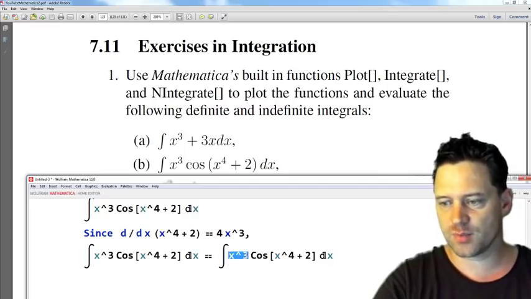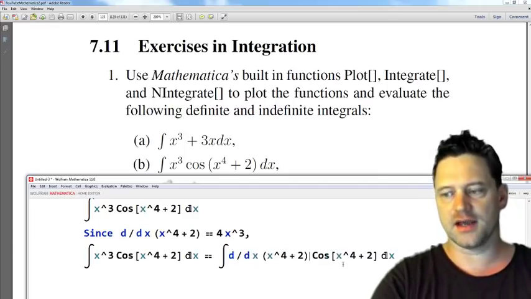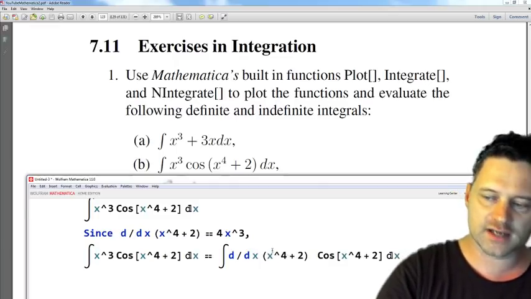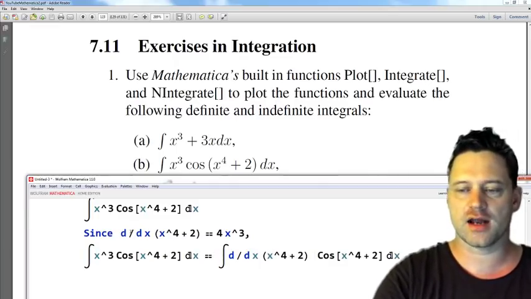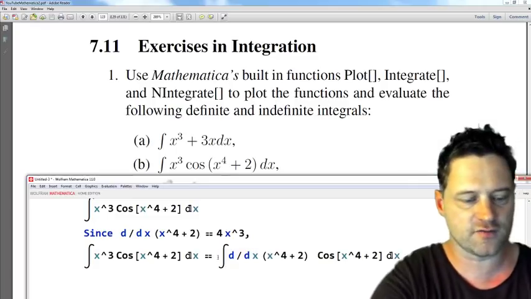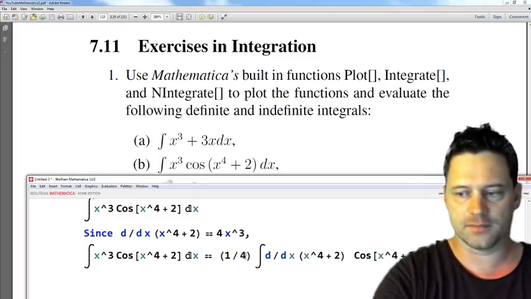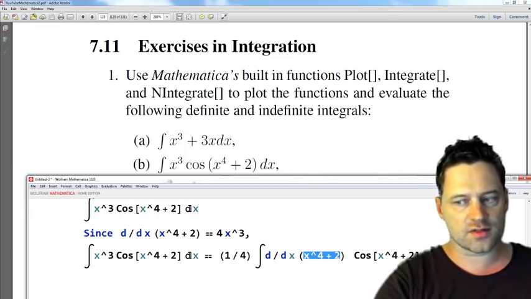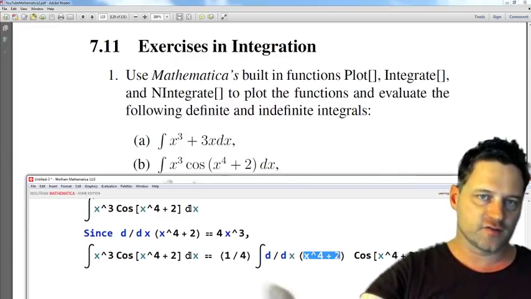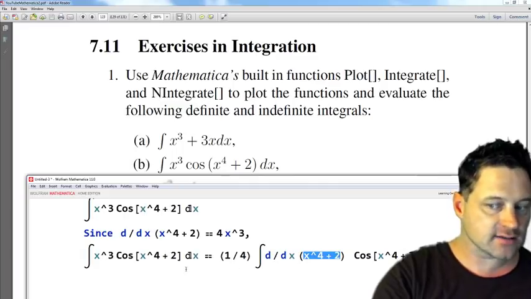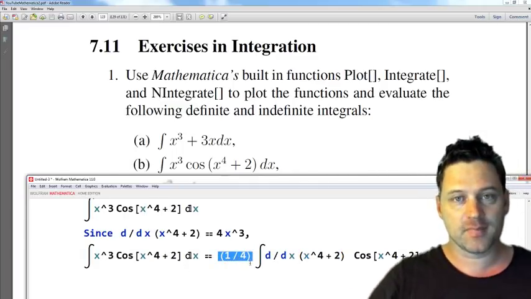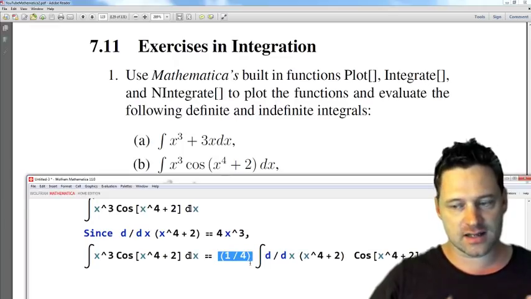All right, so if I differentiate this, I get 4x cubed, right? So if I want to make that a true statement, I need to put in front 1/4. Because now when I differentiate x to the 4th plus 2, the 4 comes down and it will cancel with this 1/4. Okay, and that will indeed be x cubed. All right, so that's good.